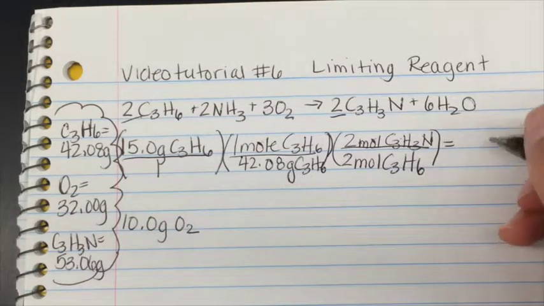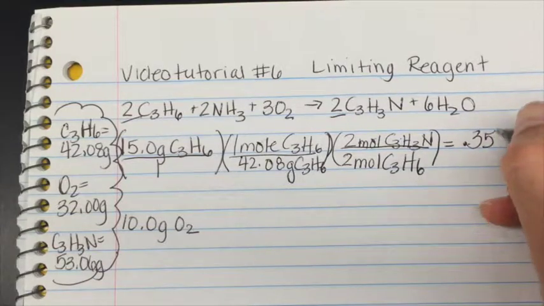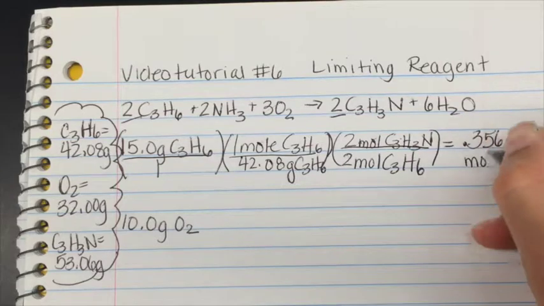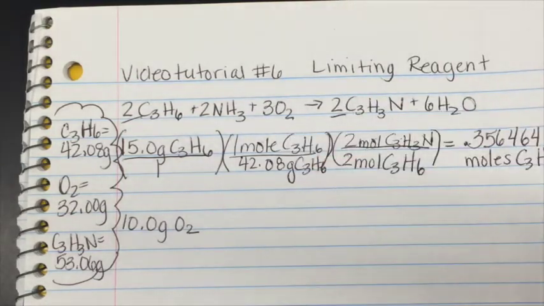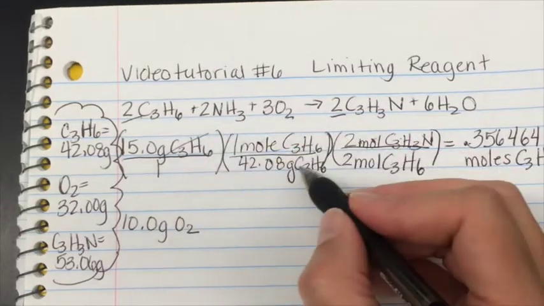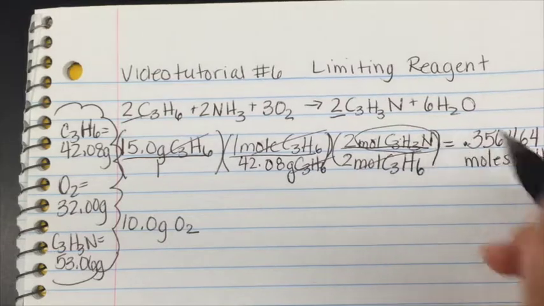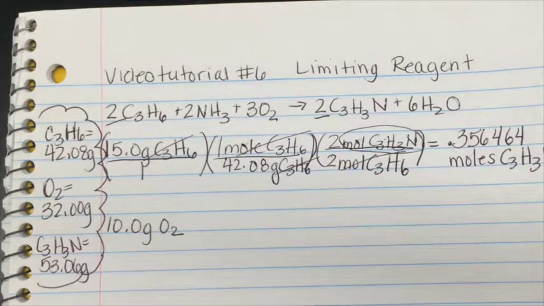And that is going to have a possible yield of 0.356464 moles of C3H3N when we cancel out all of our units that were alike. Our final answer comes out in moles of C3H3N, and we get a possibility of 0.356464 moles.